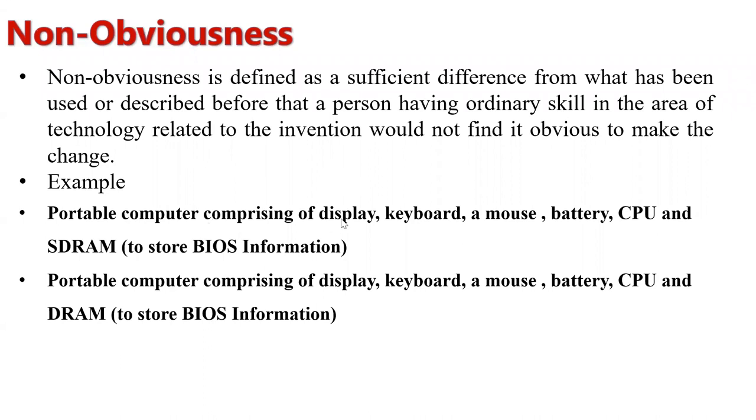It consists of display, keyboard, mouse, battery, CPU, and SDRAM. Another inventor also produces a portable computer. It also includes the display, keyboard, mouse, battery, CPU, and it is using DRAM. So in this case, you see, it is not obvious.